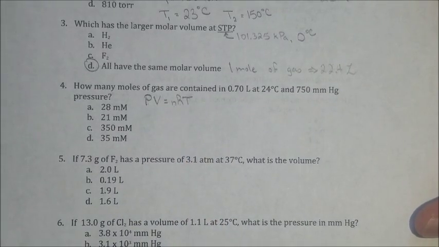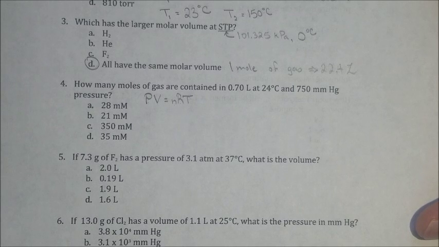Now, I want to make a quick note before we dive into this about what R is, because sometimes you can use R equals 8.314, and then other times you can use 0.08206, and it's sometimes hard to figure out which one to use. And this is where units come in really handy.